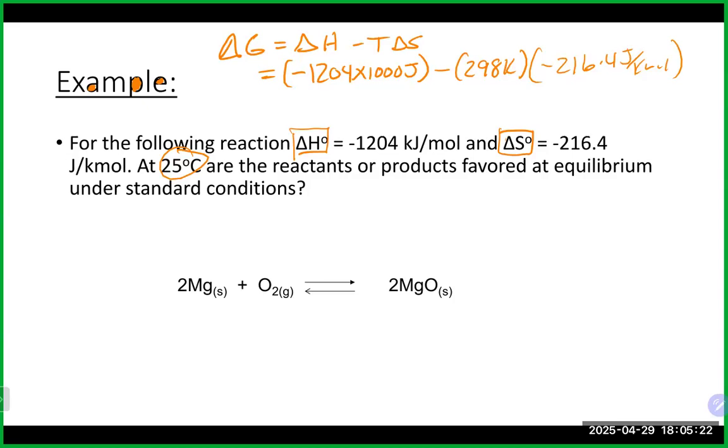Get that out there. That's going to get me negative 1139512.8 joules. And we'll divide by 1,000 there, and maybe we'll do a little rounding here, negative 1140 kilojoules.